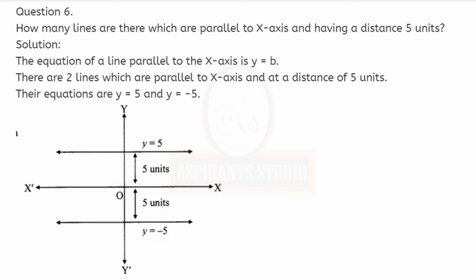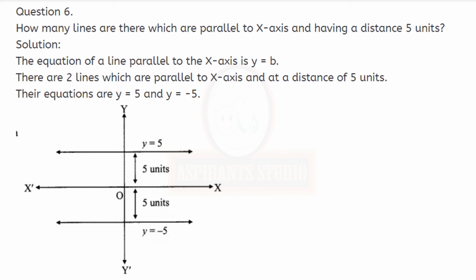Now, the equation of the line parallel to x-axis is y is equal to a constant that can take positive value or negative value. If that line is parallel to the x-axis and above the x-axis, then b will be positive. If the line is parallel to the x-axis and below the x-axis, then b will take a negative value.